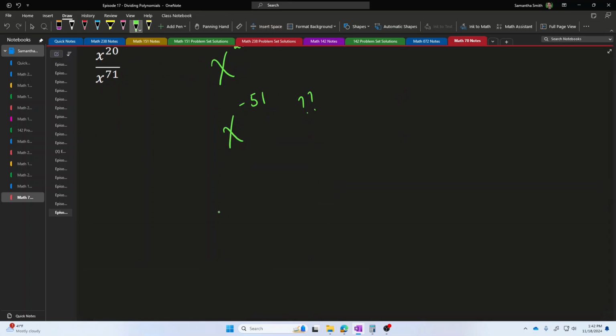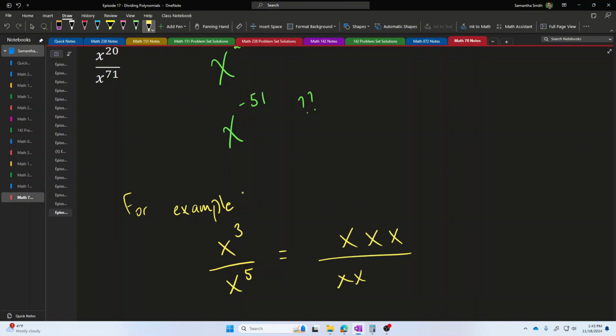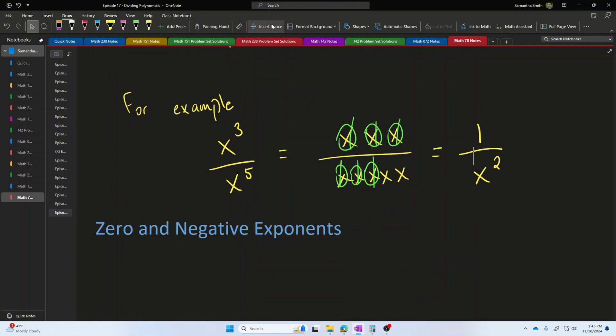To give us another example with slightly simpler numbers, if I had x to the power 3 divided by x to the power 5, and if I did this problem the old-fashioned way, writing out all the copies of x manually and canceling all the x's that are both multiplied and divided here, this would leave me with two x's in the denominator of the fraction and a 1 in the numerator of the fraction.